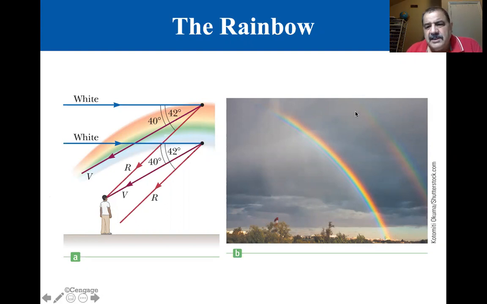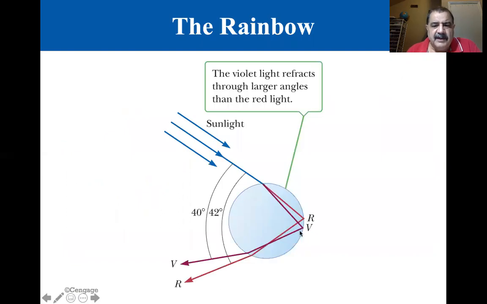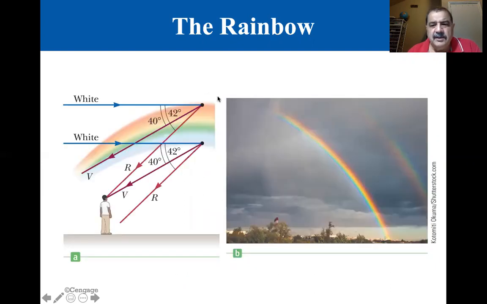And occasionally you get this double rainbow, because the light will reflect off the inside of the droplet back and then back out, so you get this double rainbow. But you can see that it's faded. It's neat when you see them.